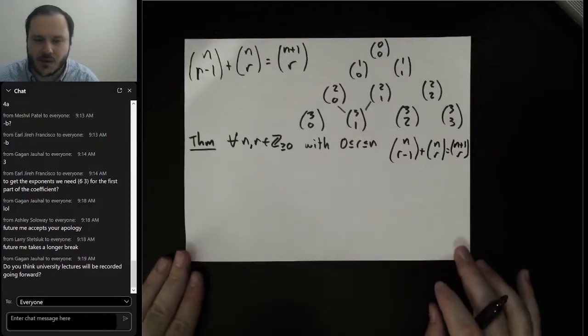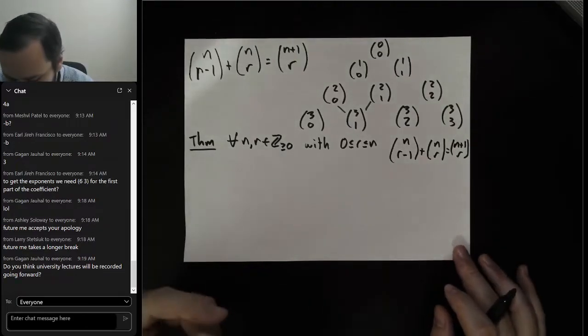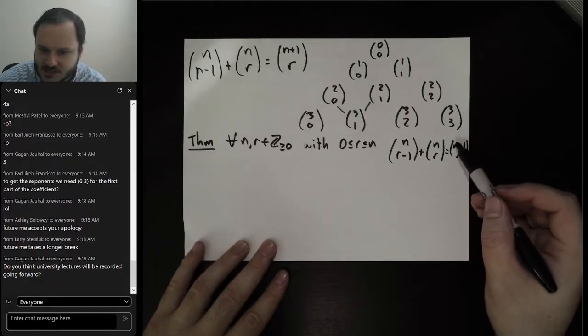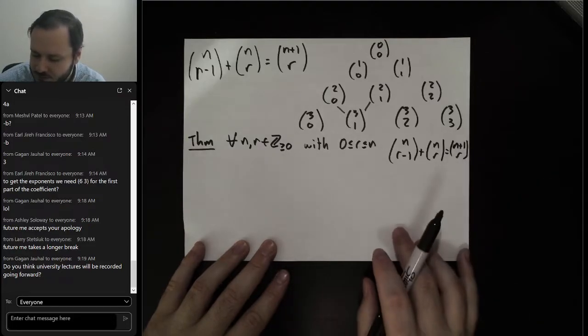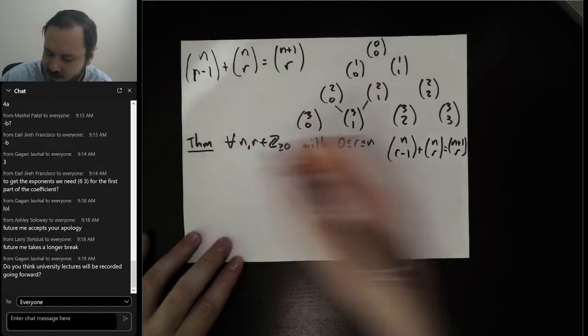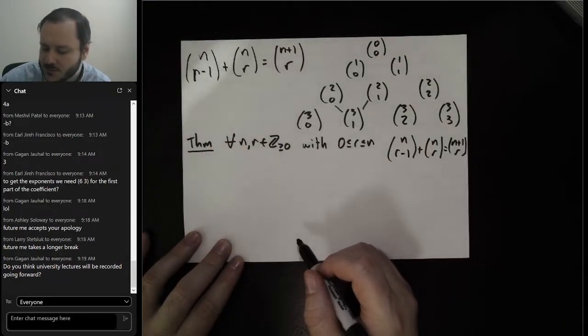And again, we'll do a combinatorial proof. We'll count the same thing in both ways. One of these sides is way simpler. One of these sides is n plus 1 choose r. So I'm going to count something in two ways. The thing I'm going to count is choosing r objects out of n plus 1.